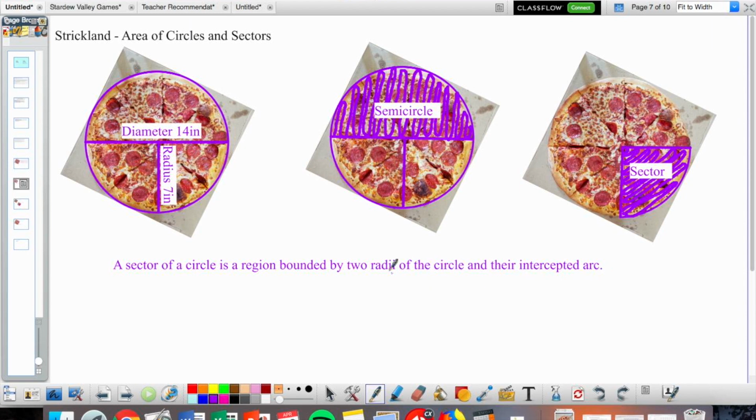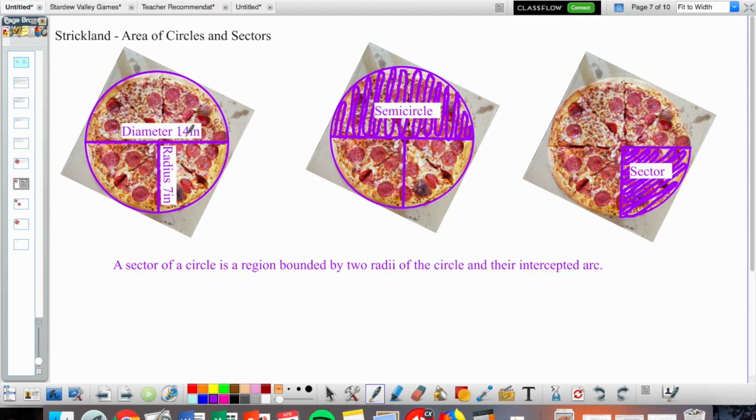So for those of you who don't know, radii is the plural for radius. And if you were to look at the sector over here on the right, this top radius and this left radius act as a boundary for this arc. So that's why it's called an intercepted arc. Those 2 radii intercept the arc.